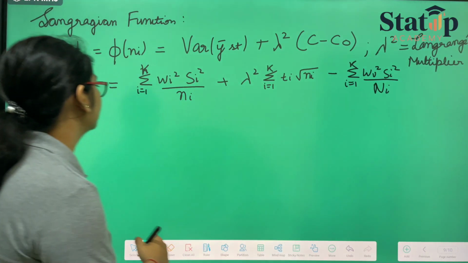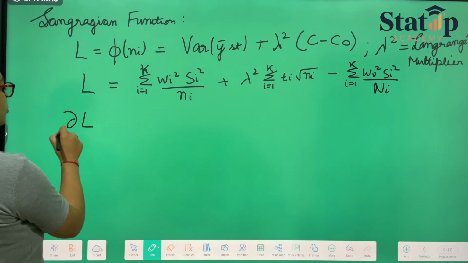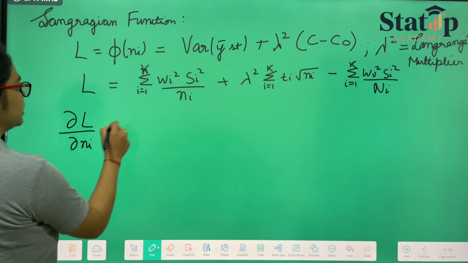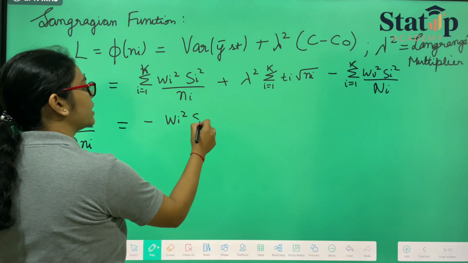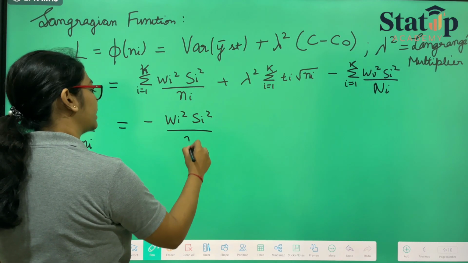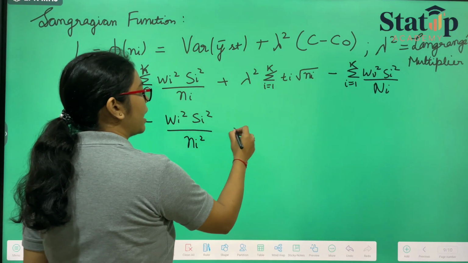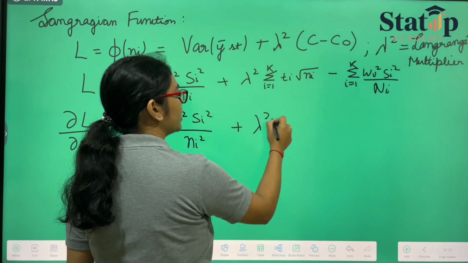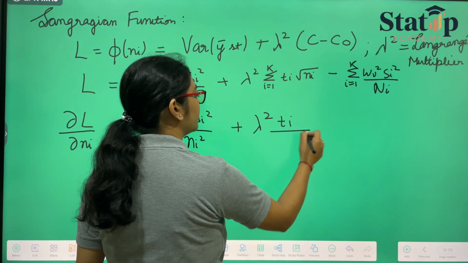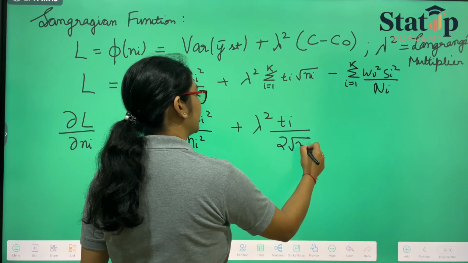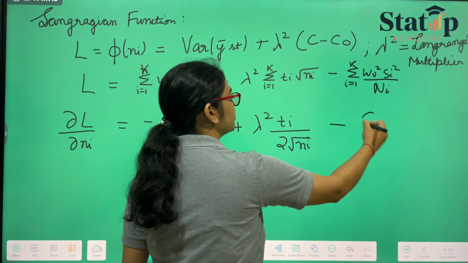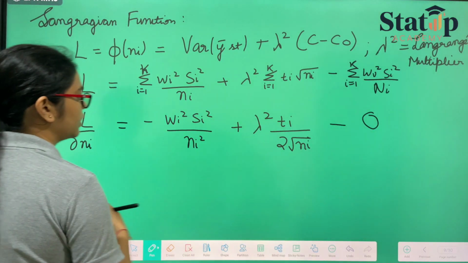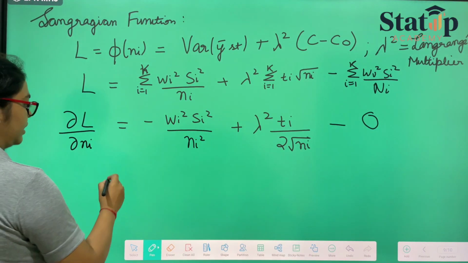Now differentiating this L with respect to Ni, we'll get minus Wi square Si square upon Ni square, and this will be plus lambda square Ti upon 2 under root Ni. And this will be equal to 0 because there is no Ni present. Now we'll put this equal to 0.